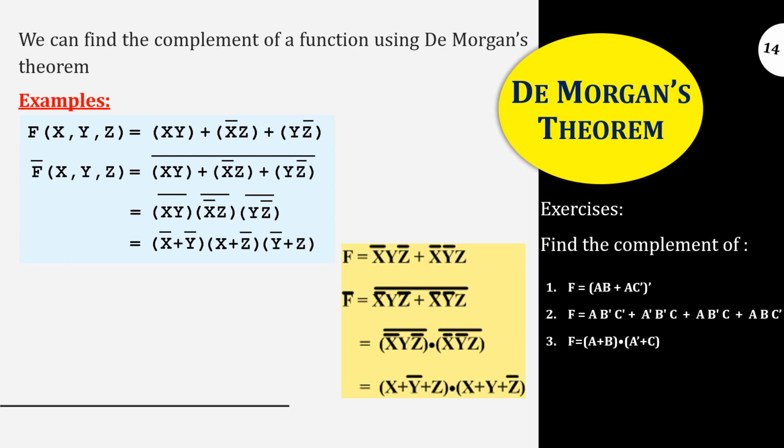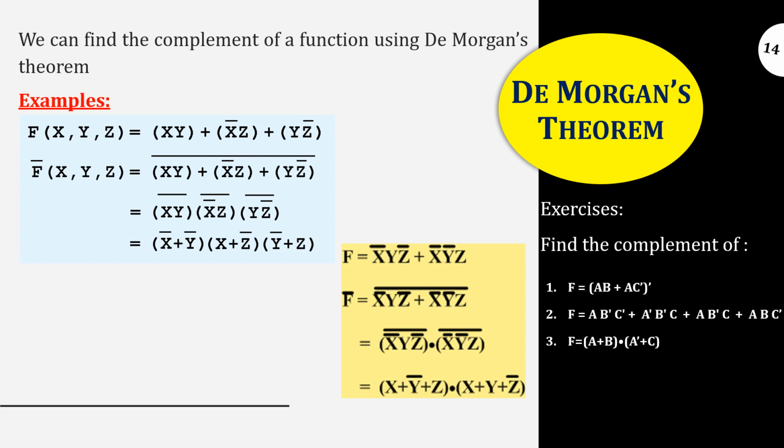According to De Morgan's law, we need to break the line and change the sign. So we are breaking the whole complement line, and individual terms will get complemented. So (XY) the whole bar, that plus is changed to dot, so (XY) the whole bar into (X bar Z) the whole bar into (Y Z bar) the whole bar.